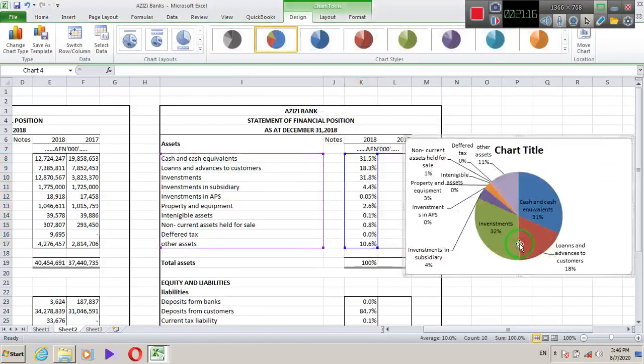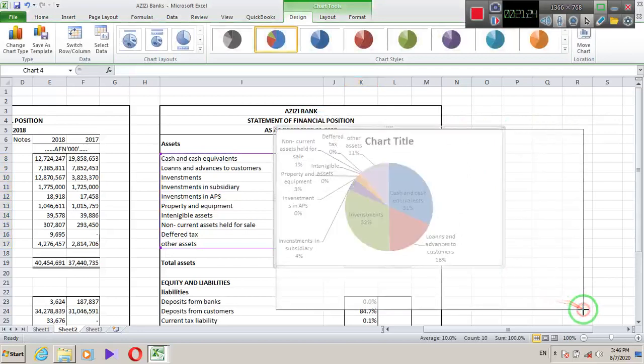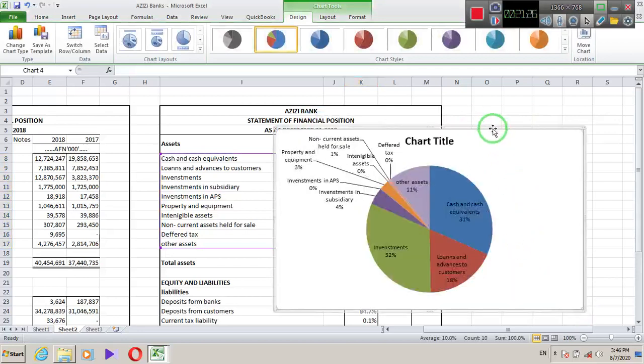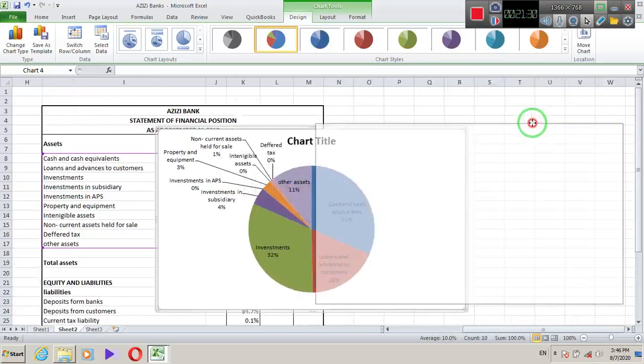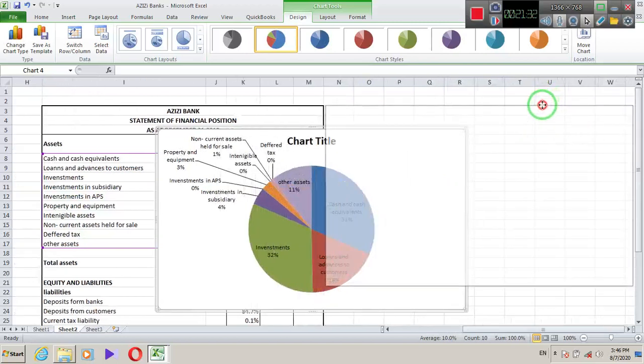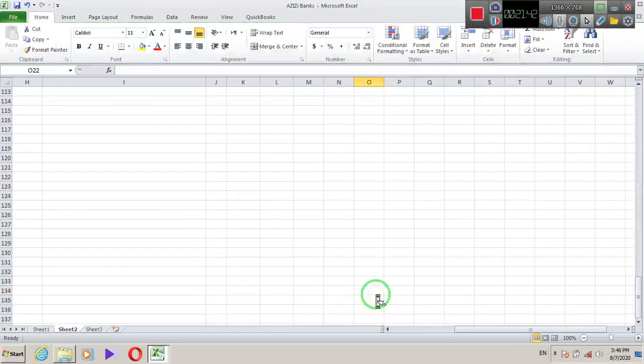See, we have all the percentages given here of each element: other asset, cash and cash equivalent, loan and advance, investment, and all other things are represented here.